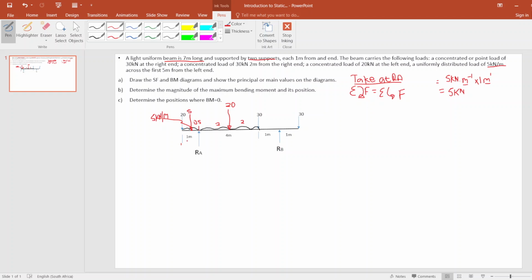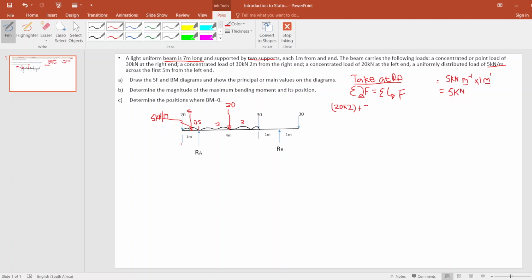Now, we've added 2 forces. We therefore have to determine their direction, if they are rotating clockwise or anti-clockwise. This force is rotating anti-clockwise. This one is rotating clockwise. Now the clockwise forces: we have 20 multiplied by the distance from here to RA, which is 2. Plus another force rotating clockwise, this one, 30.